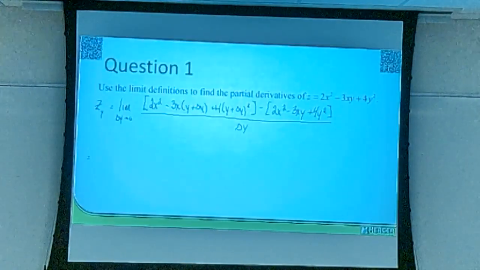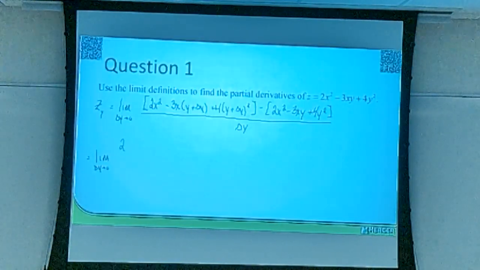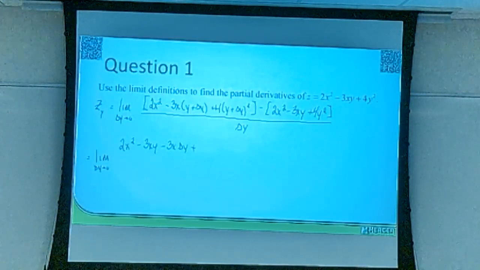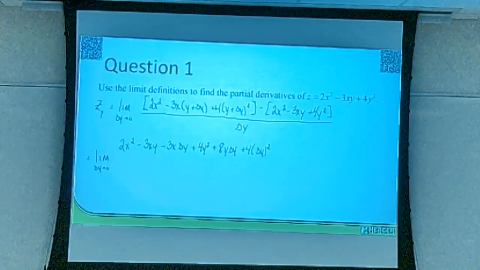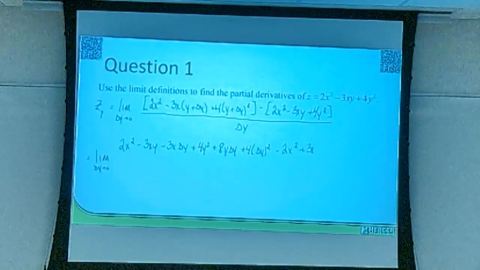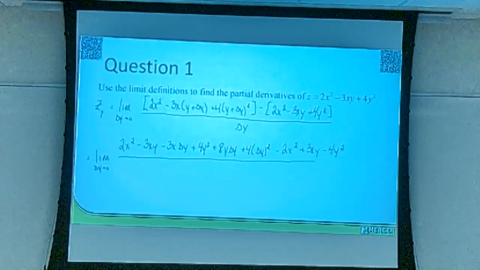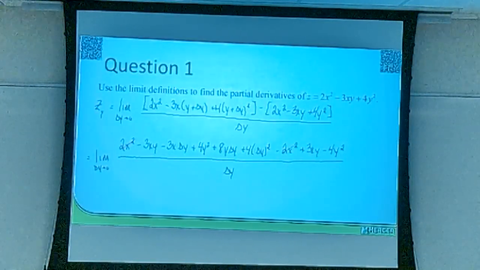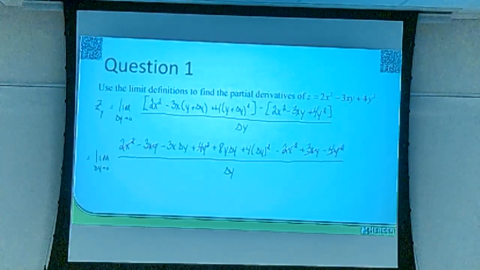and then do the same thing as before. We're going to expand. Two x squared minus 2x squared, minus 3xy plus 3xy, 4y squared minus 4y squared.